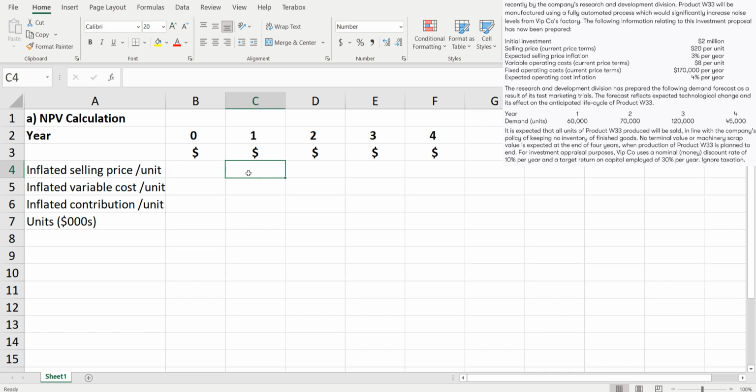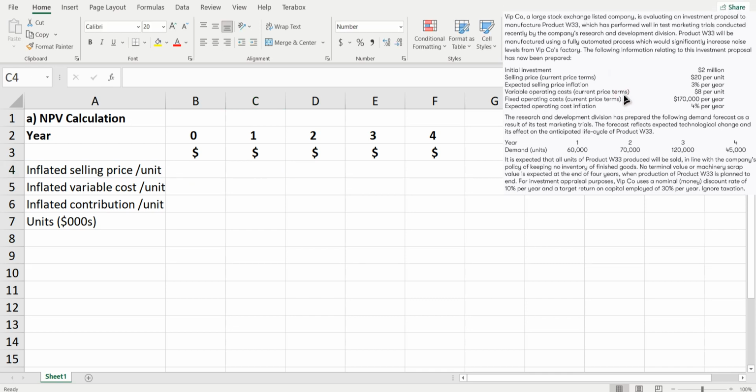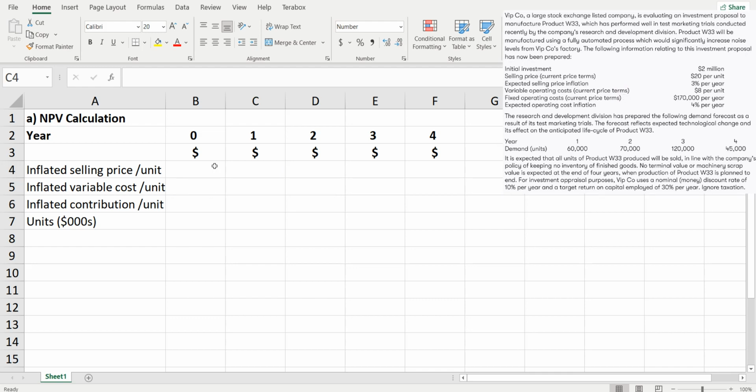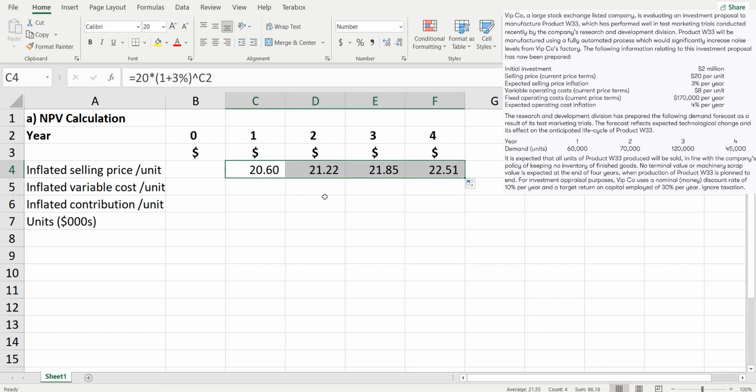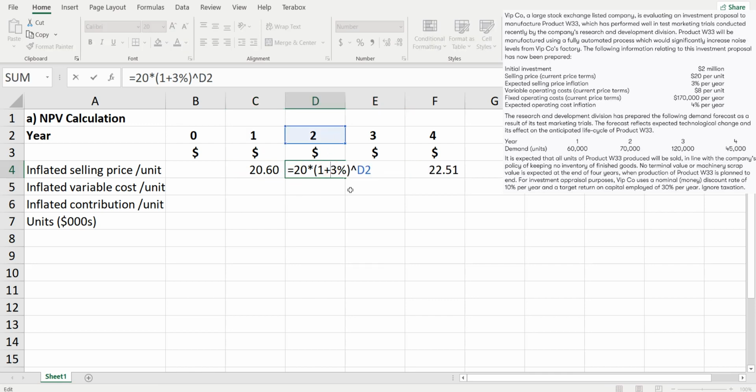This is for initial investment, so let's do it again. 20 into bracket start 1 plus 3% to the power year 1. So just drag.